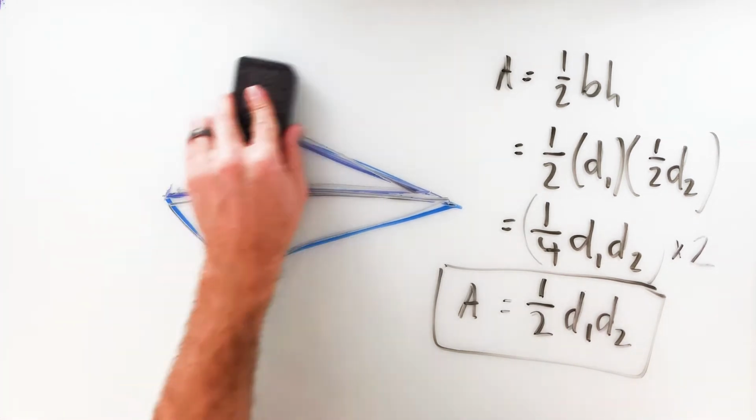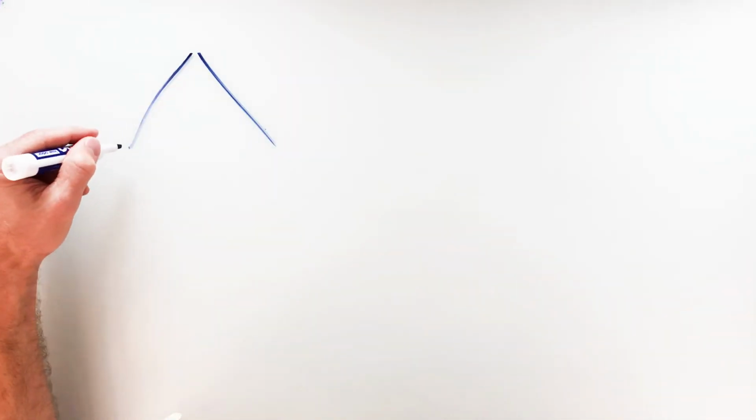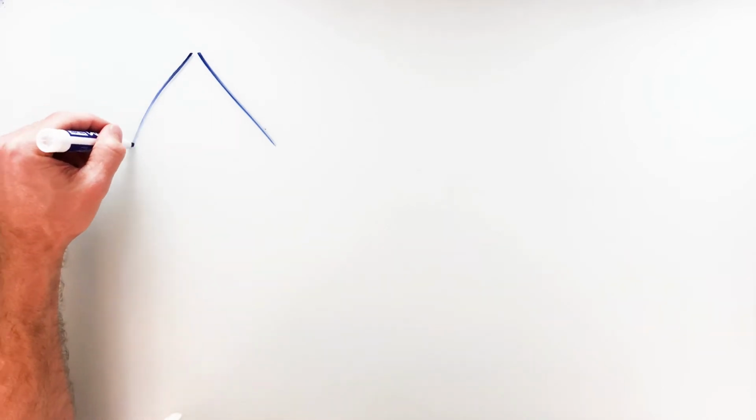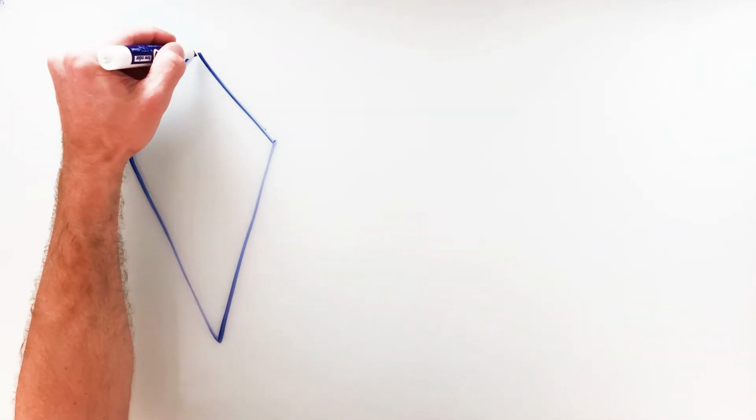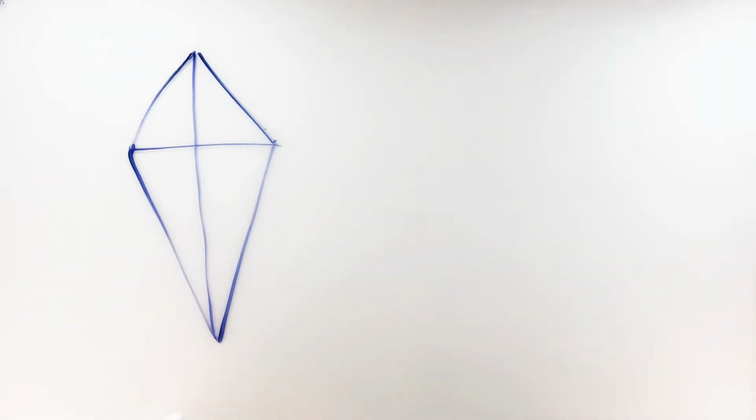All right, let's do some examples. We'll stick with the kite since that's fresh in our minds here. Okay, so there's our kite.